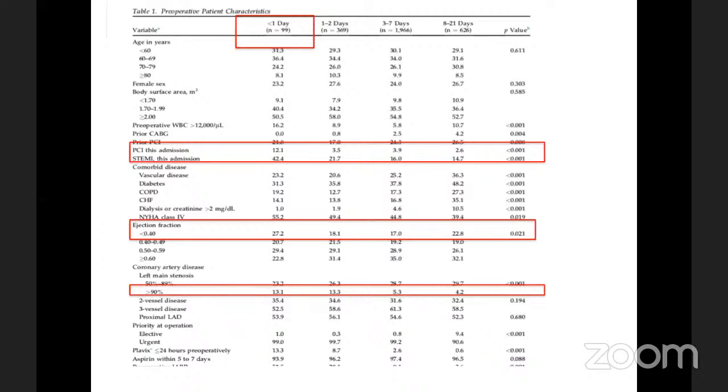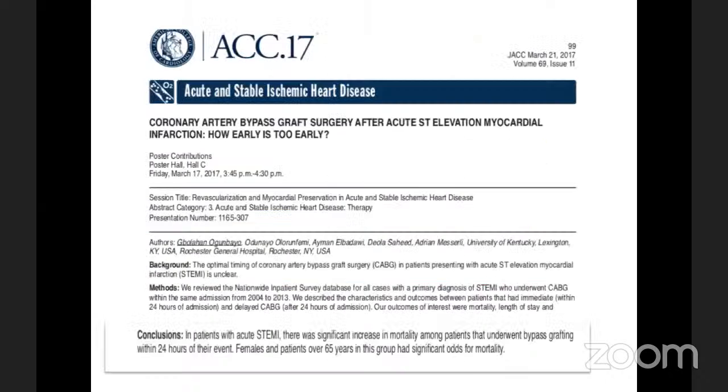On the other hand, if you look at the group with more than 1 week, all the patients are associated with comorbidities, and that may explain the higher mortality in this group, and this is one of the limitations of this study.